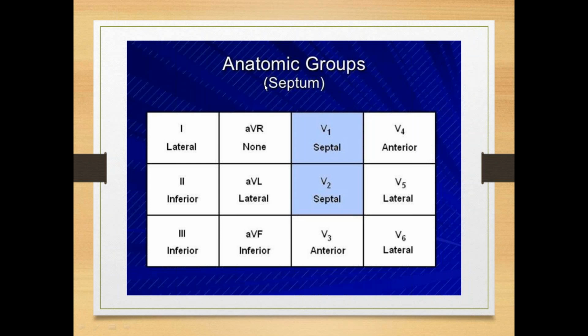Just to tell you about the anatomical groups, V1, V2, V3, V4 are the anteroseptal leads. Then the lateral leads are lead 1, aVL, V5 and V6.